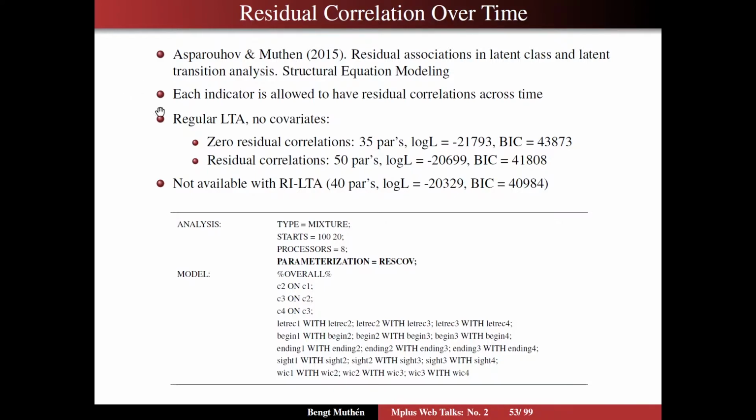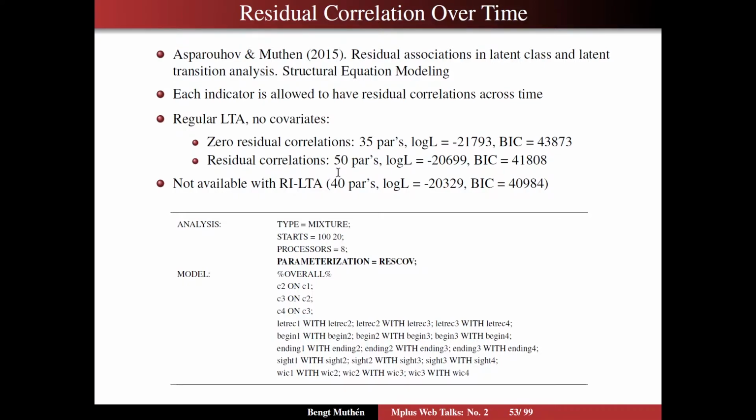So for regular LTA, no covariates, we have the run that we talked about before, where we have no residual correlations, and now we're going to add residual correlations, and we're going to have 50 parameters, and the log likelihood is increasing quite a lot, and so is BIC. BIC is considerably lower, or better, than without the residual correlations.